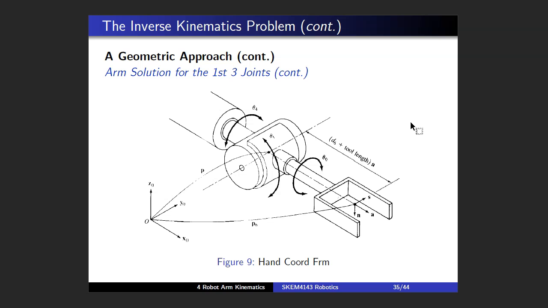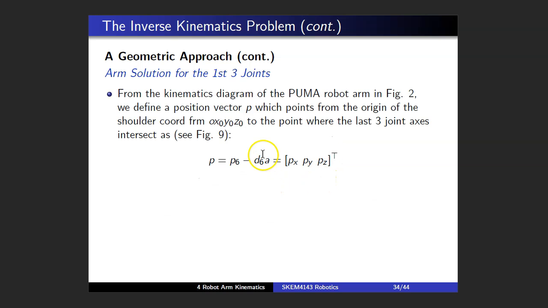D6 is from our DH parameters. If you recall, D6 is the distance between coordinate frame 5 and coordinate frame 6. We'll be using Px, Py, Pz, the components of P, in the later equations.